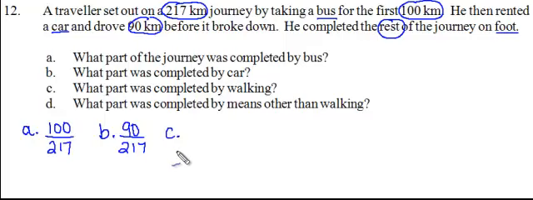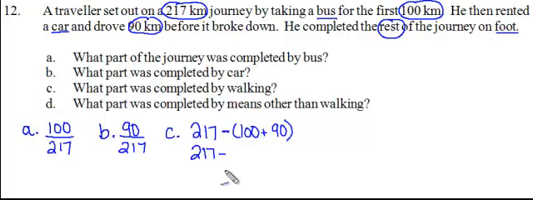C is asking what part was completed by walking. Well, we know the total journey was 217 kilometers, and we need to subtract the amount that he was on the bus combined with the amount that he drove, and that will leave us with the amount that he walked. BEDMAS says we use our brackets first.